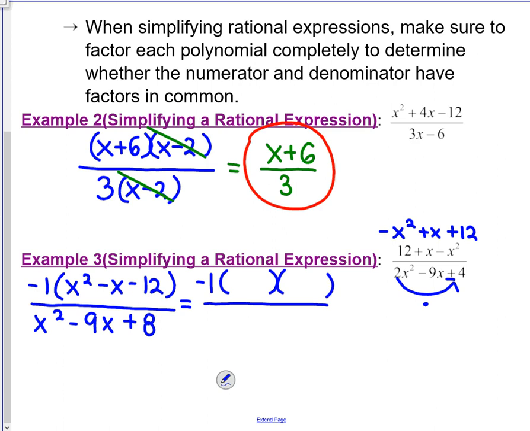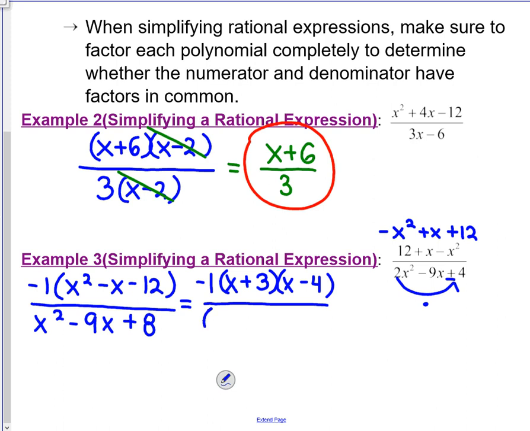I'm trying to come up with two numbers I multiply to get -12 and add to get a -1. I know that one of them is going to be positive, one's going to be negative, and the larger one's going to be negative. How about -4 and positive 3? And x and x are going to be used for my first terms to get my x squared.